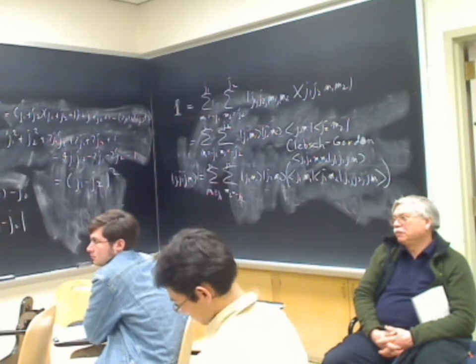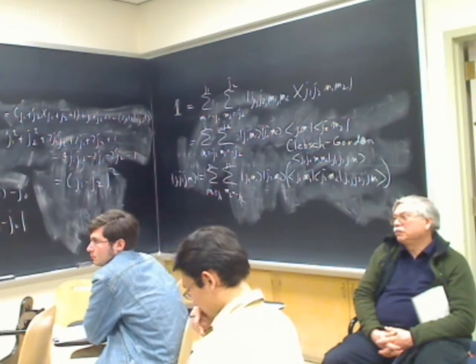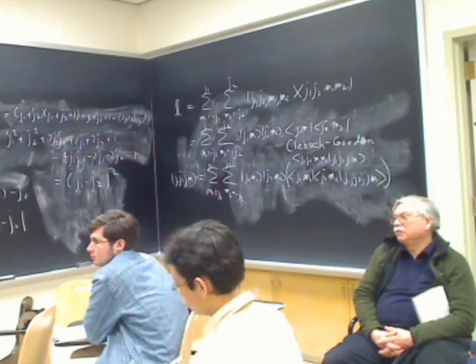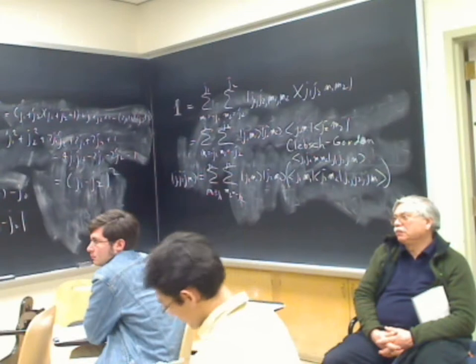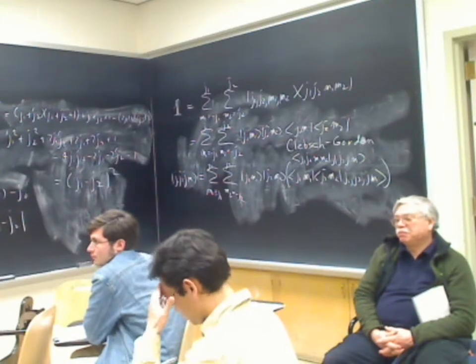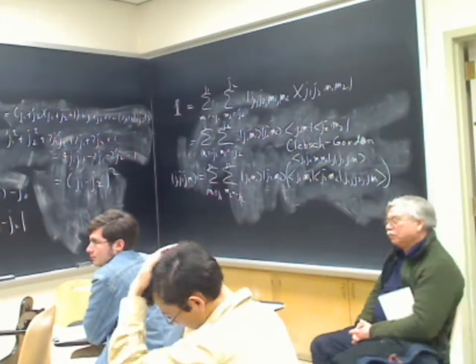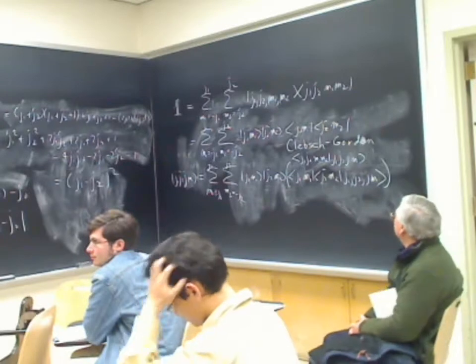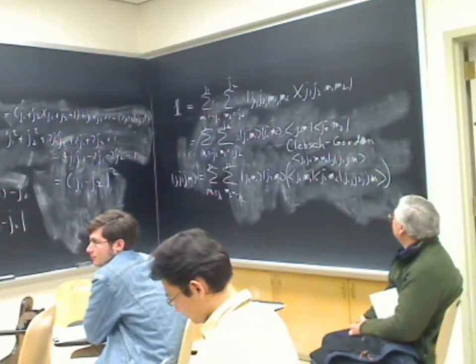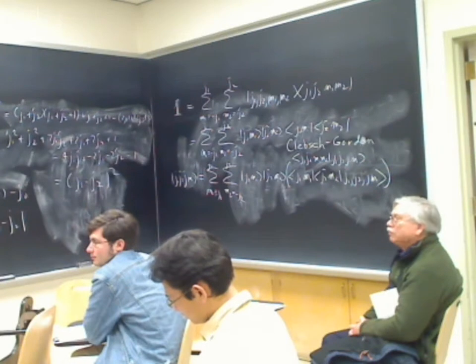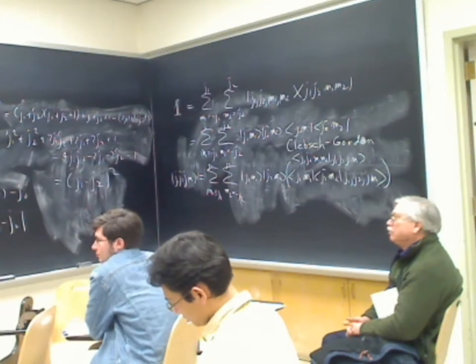And so there are at least two conventions for how you define these states. And the important thing is don't mix the conventions. If you're in one convention, fine. If you're in the other convention, fine. You invent your own convention, fine. But don't mix conventions or you get into trouble.